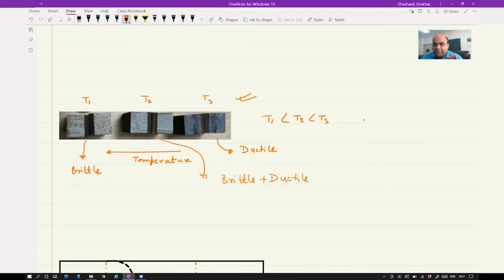Okay, so you have two criteria to quantify, or say measure, DBTT. One is based on the impact energy, and the second is based on the fracture surface observation. We will use these two to define what we call DBTT.